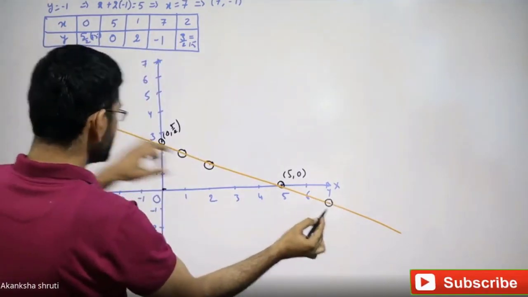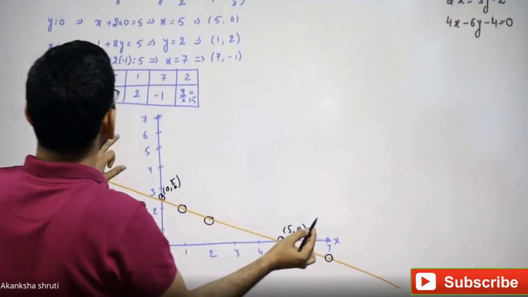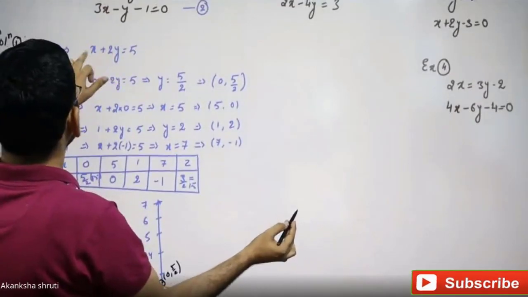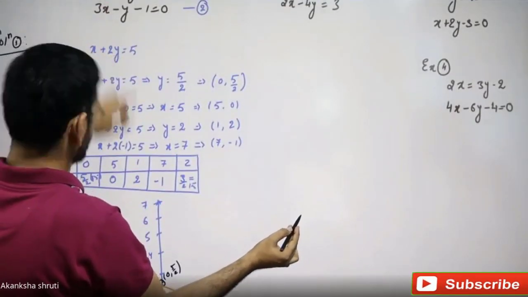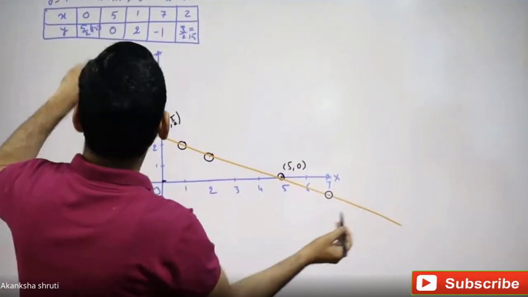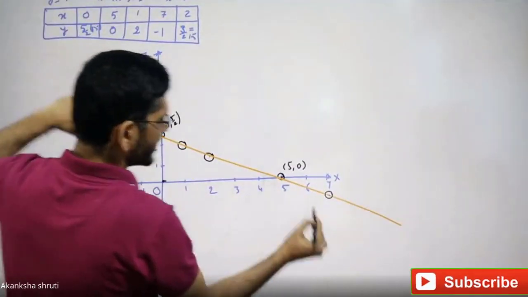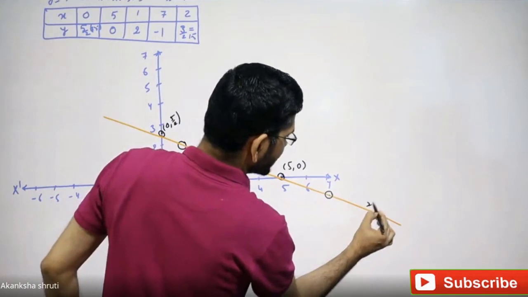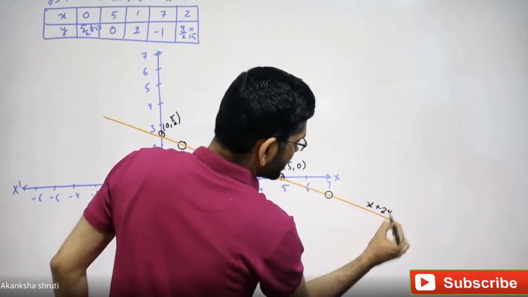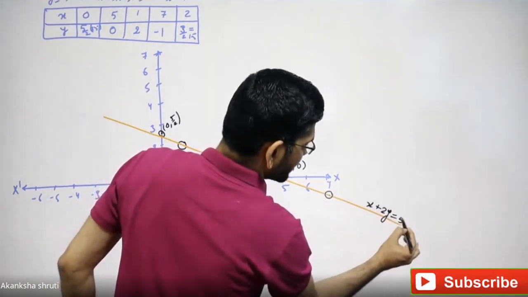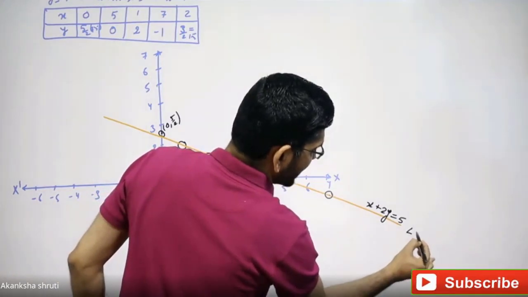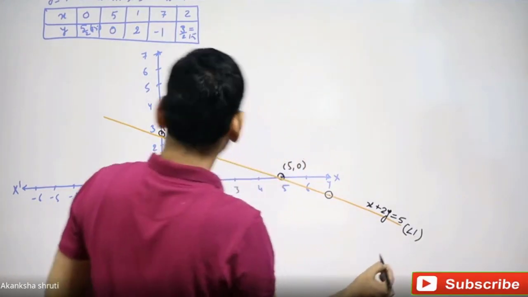So this is the line which corresponds to this linear equation, x plus 2y is equal to 5. So write it on this line. This line is for x plus 2y is equal to 5, or you may write this as line 1. This is important.